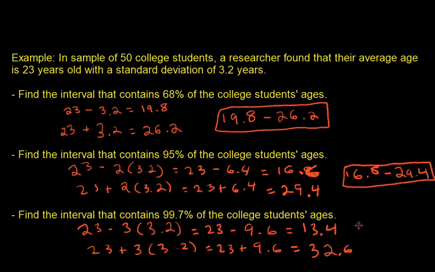So 99.7% of the college student ages are between 13.4 and 32.6. All right, so 99.7% of the college students are between the ages of 13.4 and 32.6.